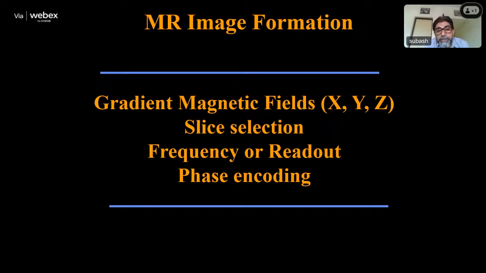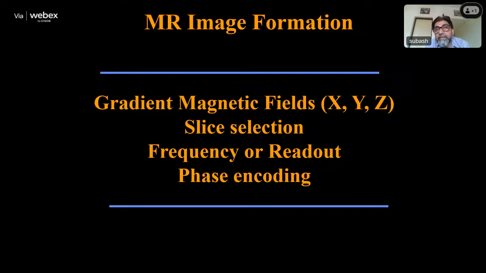to do the image formation, we have a concept of gradient magnetic fields, and we apply these. There are three gradient magnetic fields applied in three different orientations, which are orthogonal to each other. These are called X, Y, Z gradient magnetic fields, and they are termed slice selection, frequency or readout, and phase encoding.